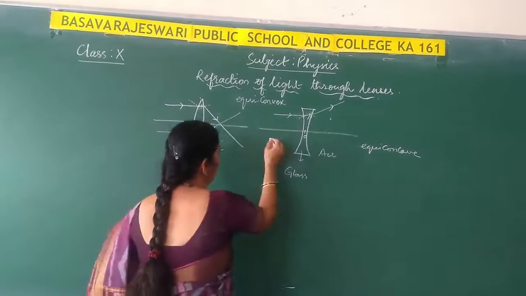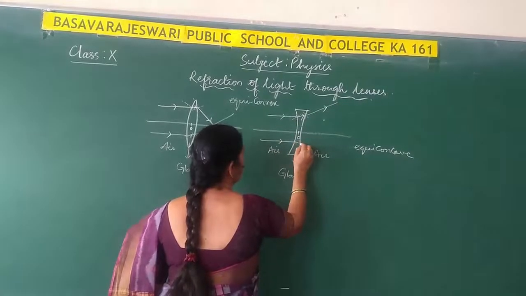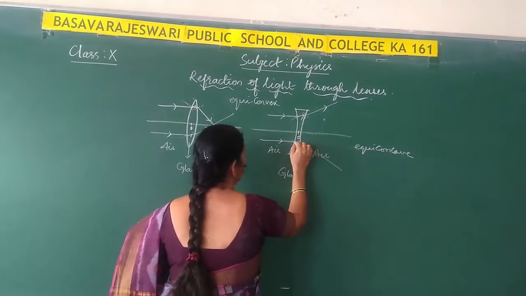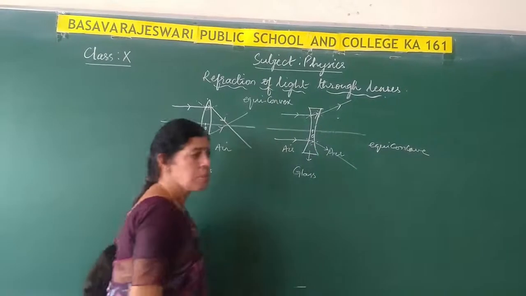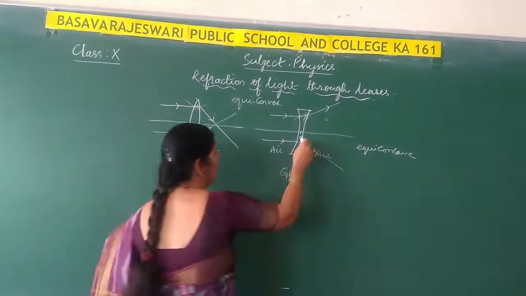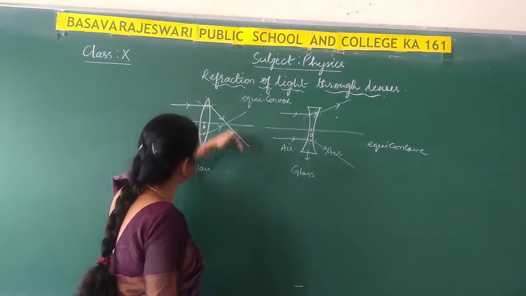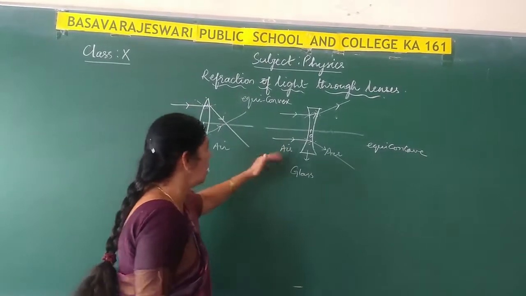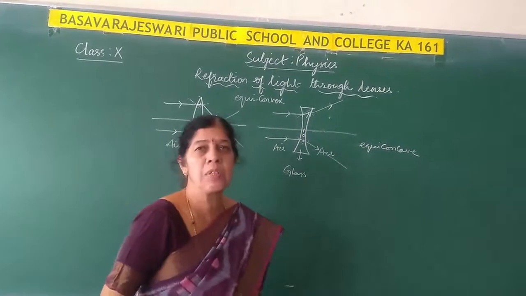If you take another ray like here, then also it bends like this, and this will be the ray which comes out in the air. Now you can observe that this ray is getting diverged. Here the emergent ray is moving away from the principal axis of the lens.